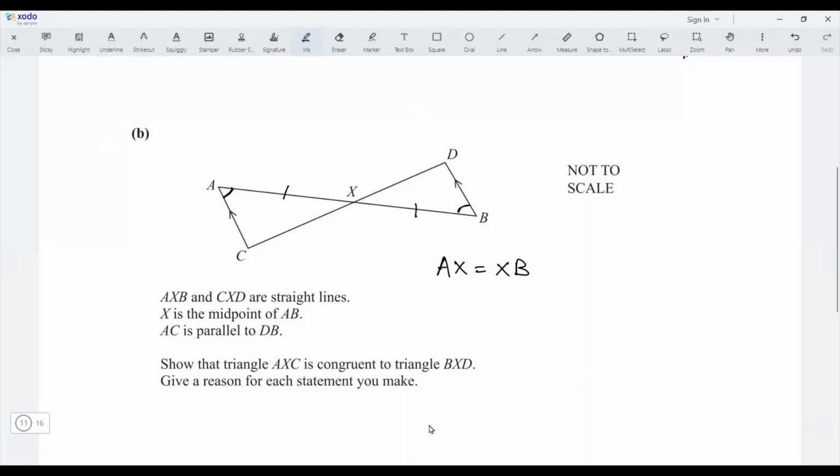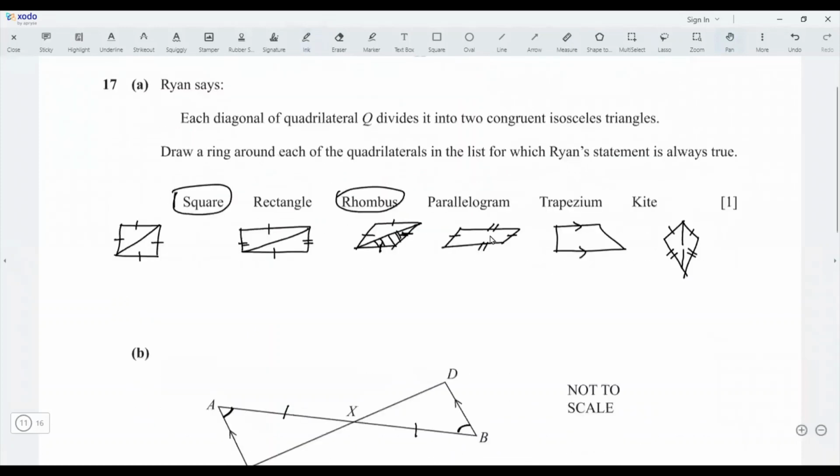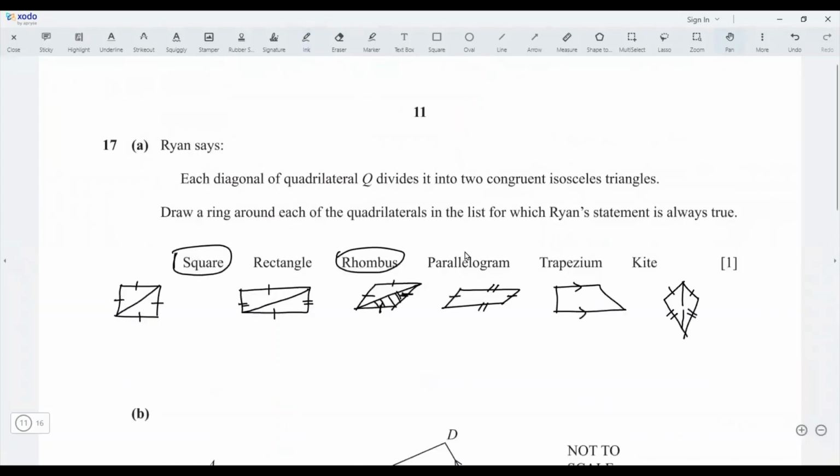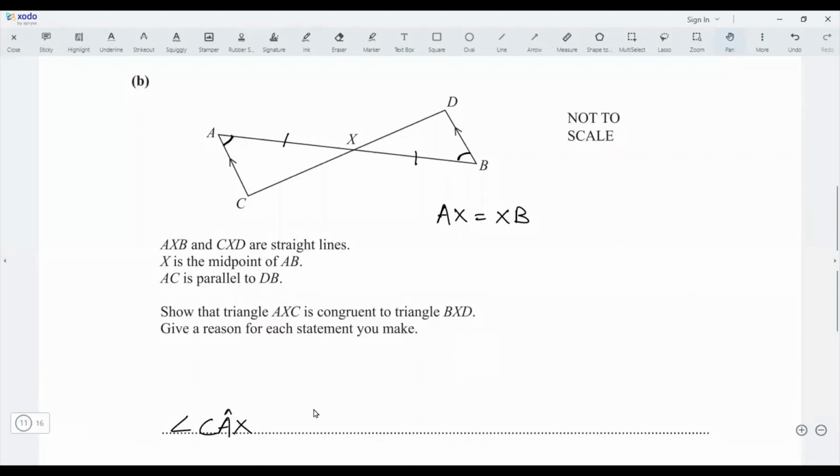So we can say angle CAX must be equal to angle DBX.